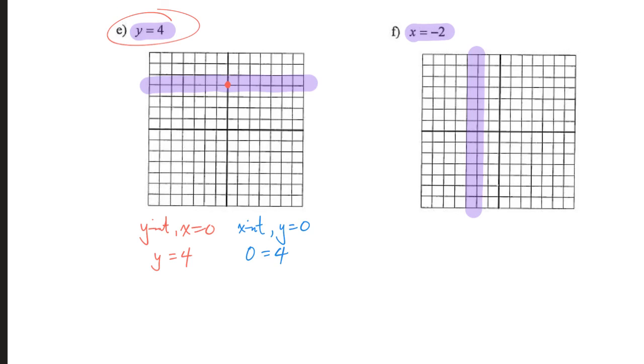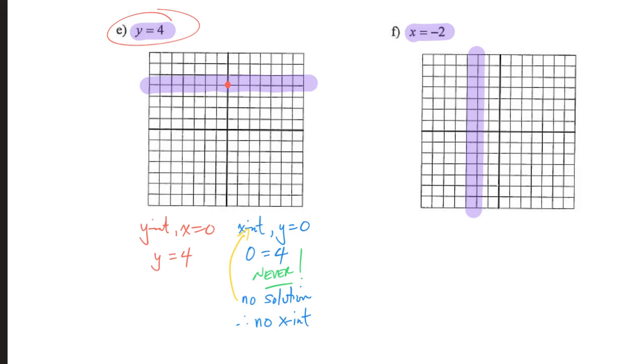And your answer to that question should be never. 0 doesn't equal 4. And so really what that becomes then is the statement that there is no solution. So what that means then is there is no solution to finding an x-intercept. And therefore, there is no x-intercept.